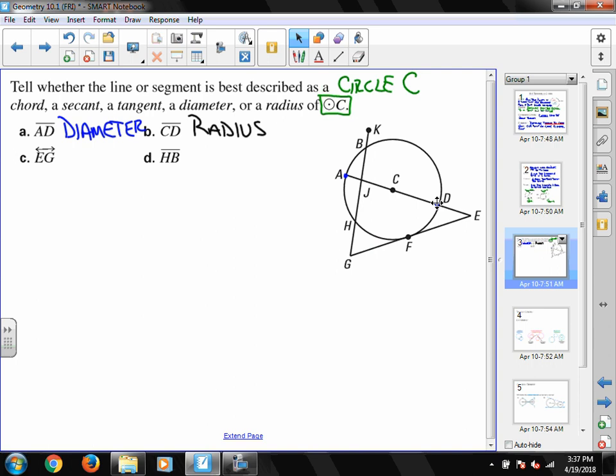Line segment EG. Well, line segment EG is this line right here. It looks like it's on the edge there, and we've got that marking to let us know that it touches right there. Therefore, line segment EG is going to be a tangent. And we're looking for line segment HB.